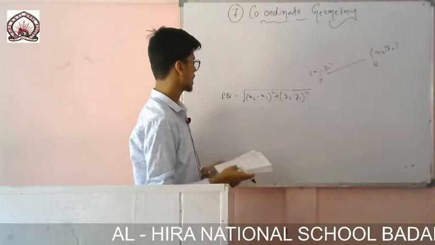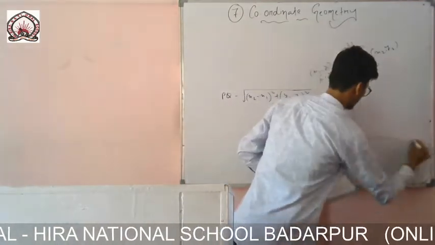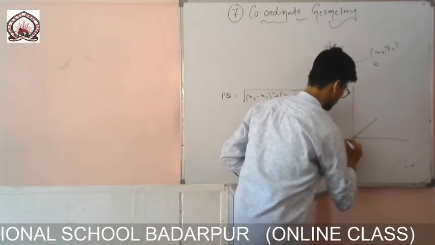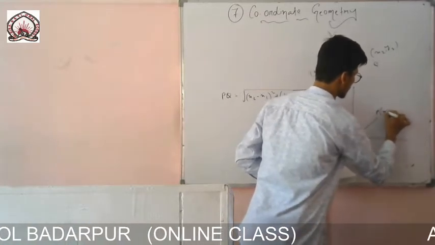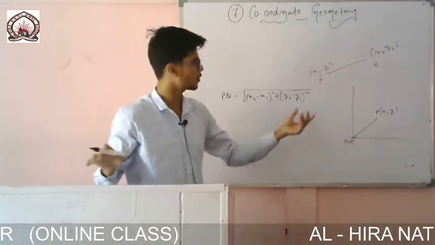Now, another one. If I want to find the distance from the origin, the coordinate of the origin is 0, 0. If I give a point with coordinates x, y, then I can find the distance from the origin also.